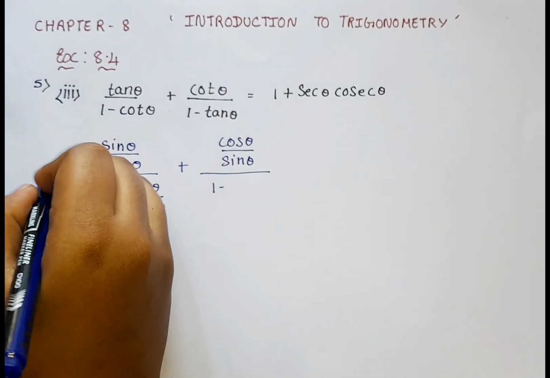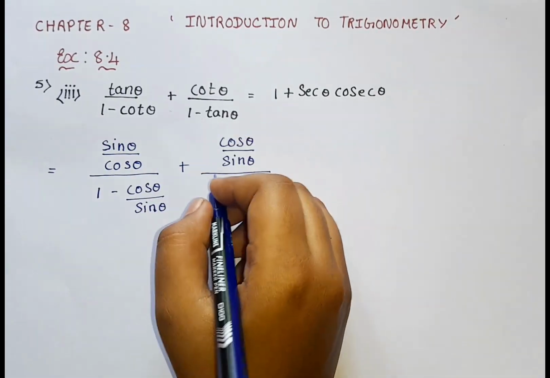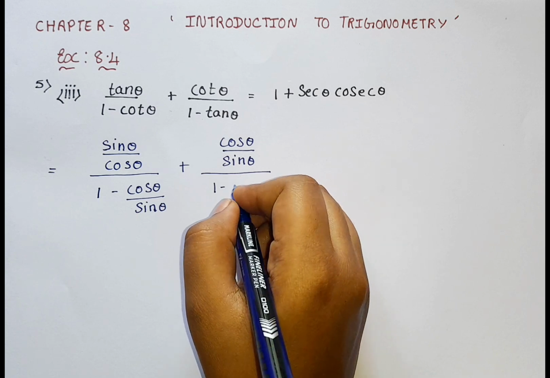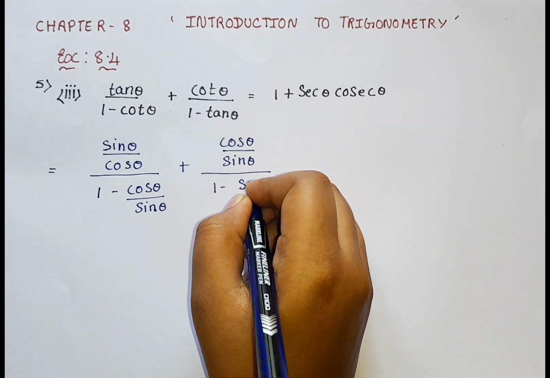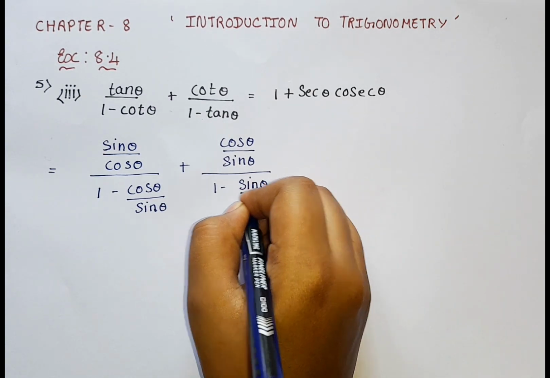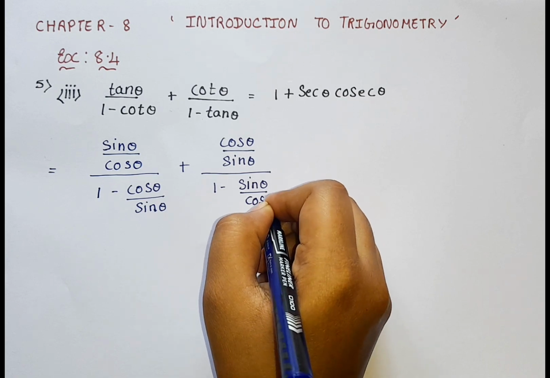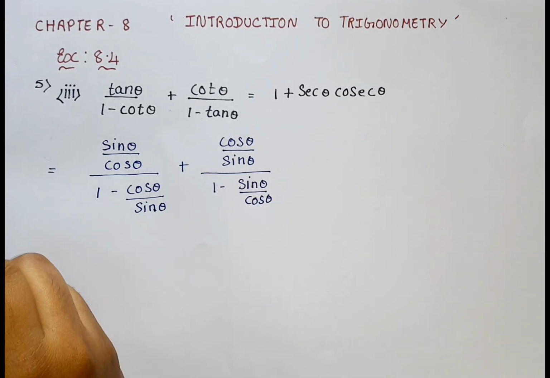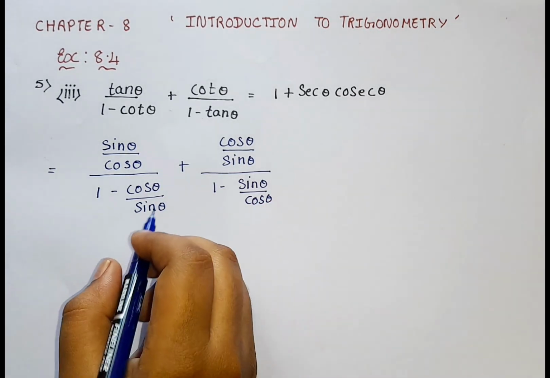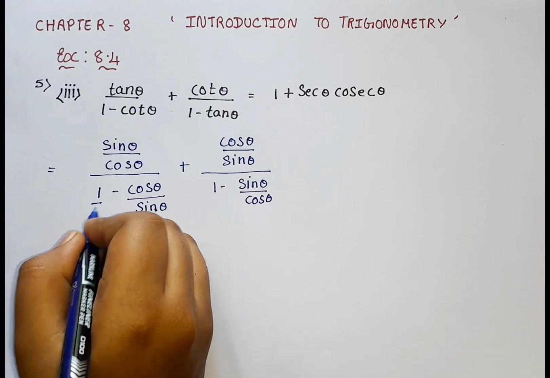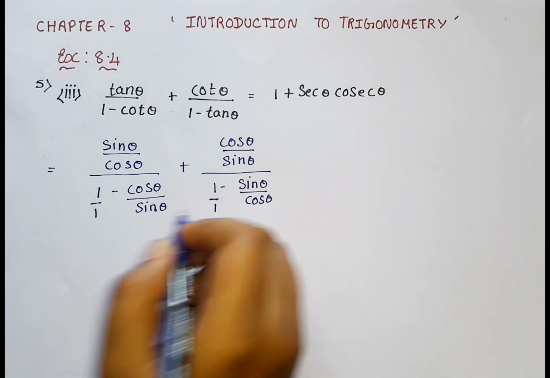The formula for tan theta is sin theta by cos theta. Here nothing is there means divided by 1, here also nothing is there means divided by 1.